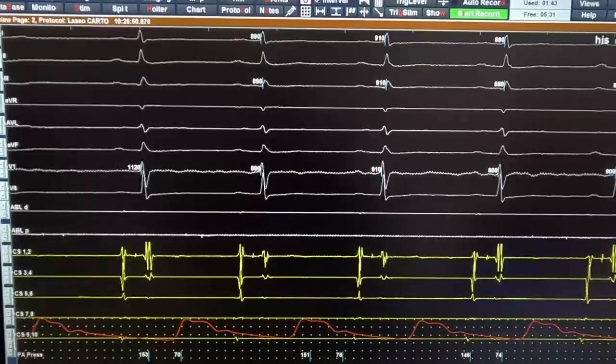The observation of near field and far field potential behavior during your catheter manipulation may help you to correct the position of the catheter to obtain, for example, a good ventricular capture during pacing.